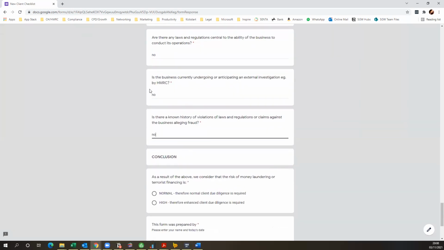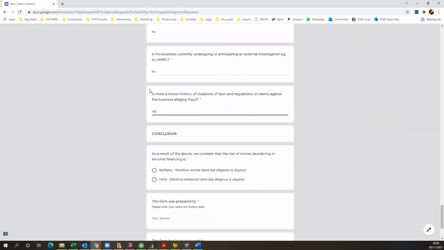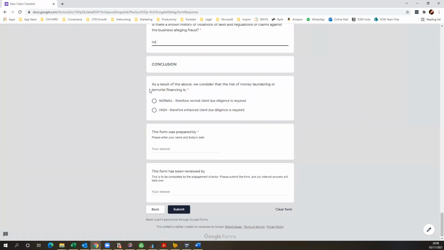If you've got a yes in there and it's a higher risk concern, not necessarily a concern that we don't want to take the client on, but one where we want to keep a better eye on things to make sure things are okay, then we'll click high, and we'll complete the enhanced client due diligence form.